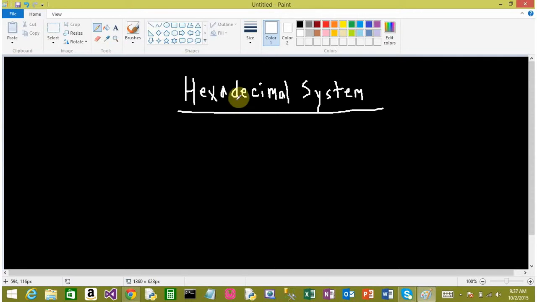So if we look at the word decimal, we know that stands for 10. And then the word hex, if you take geometry, you probably learned about a hexagon, and that has 6 sides. So we could say the word hex stands for 6.